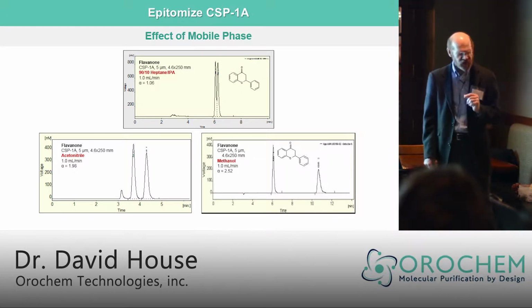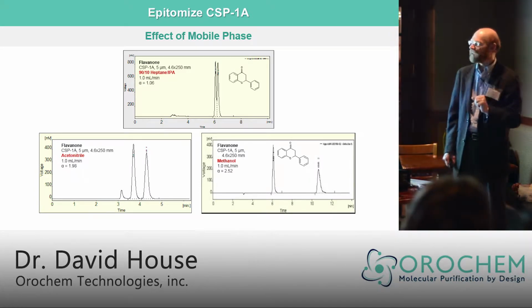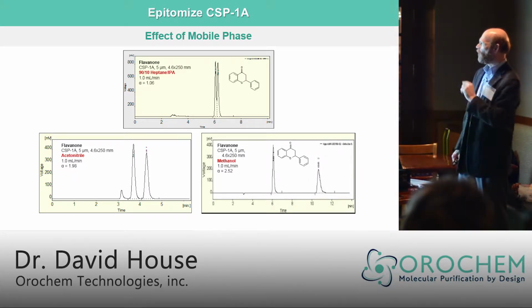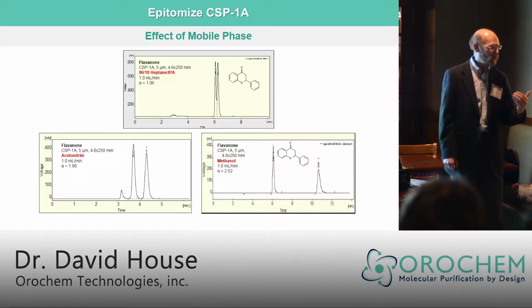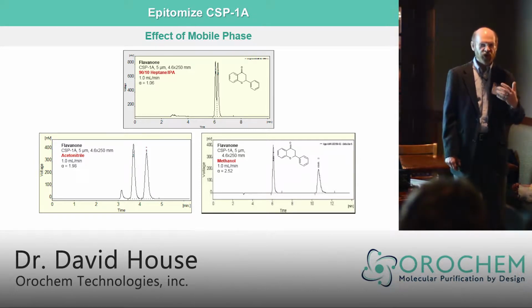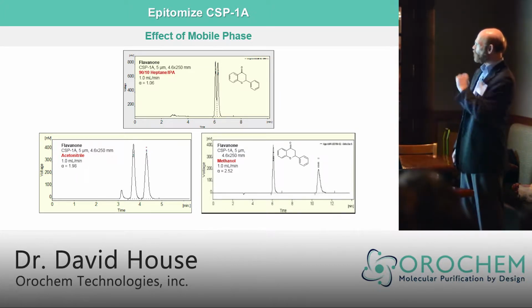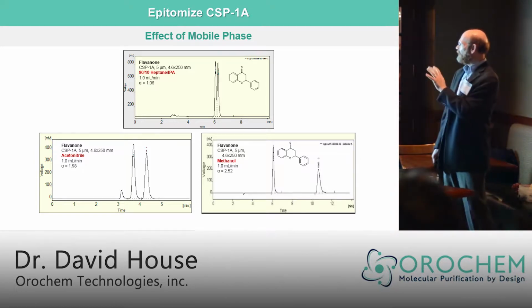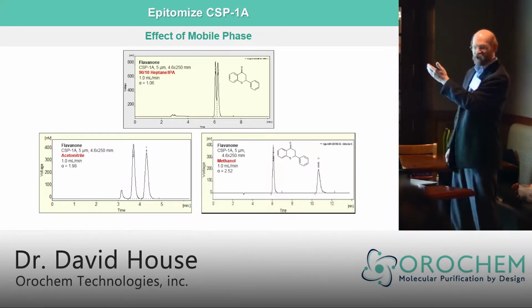I mentioned earlier that the separation takes place using 3 points of interaction. Typically, this has been described as the 3-point interaction model and is typically observed for polysaccharides and virtually all brush-type chiral stationary phases. If we take an optical isomer, in this case the one at the top, we have a pi base, maybe an aromatic ring, some acidic group.